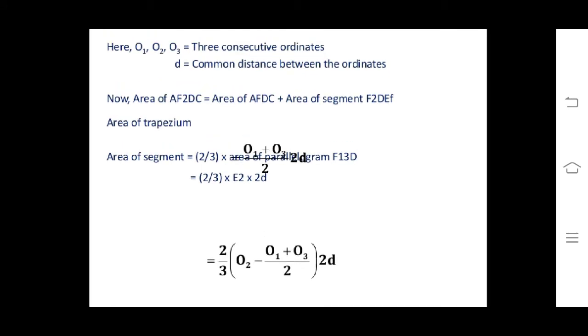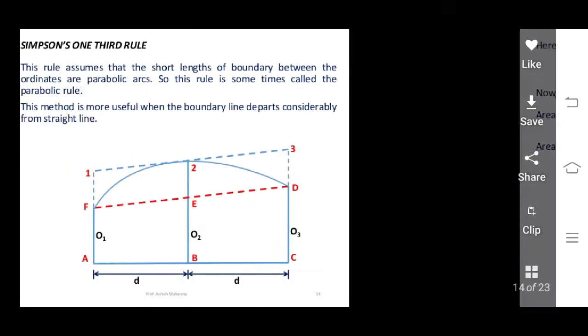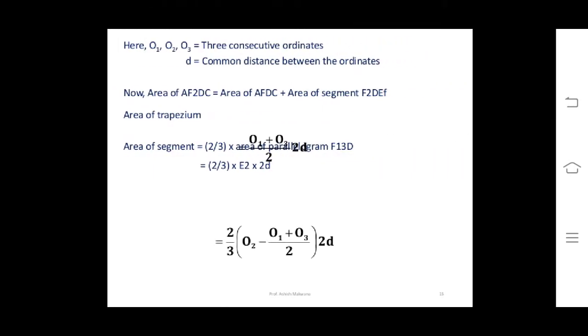Here O1, O2, O3 are the consecutive ordinates and D is the common distance between the ordinates. Now the area of AF2DC, that is the area of AFDC plus the area of segment F2DEF, that is the area of trapezium as shown in the figure, that is the area in curve shape and straight line, and the area of the base figure.